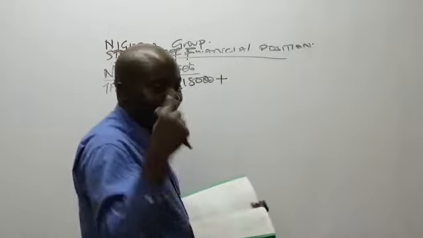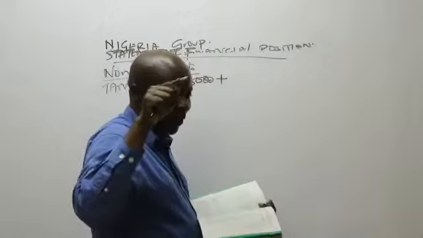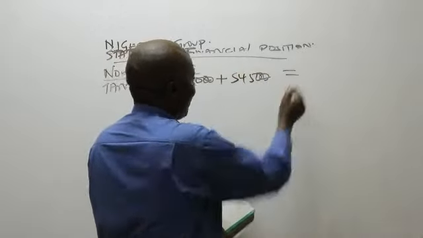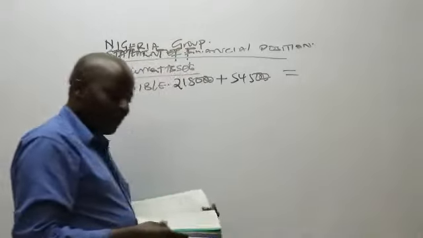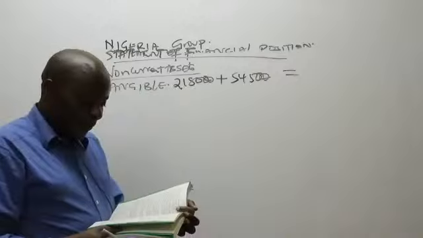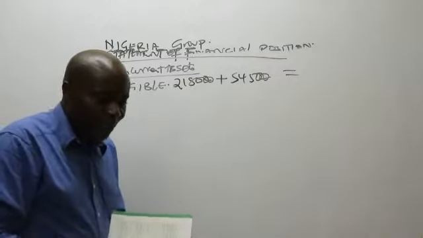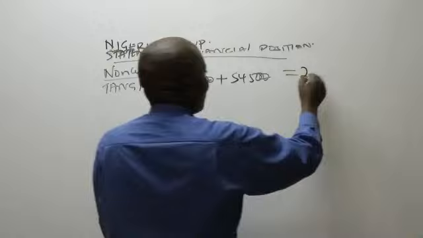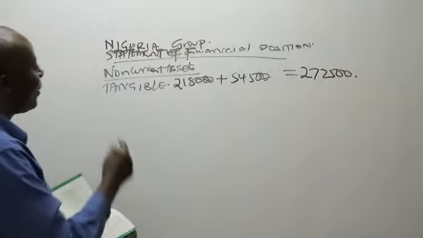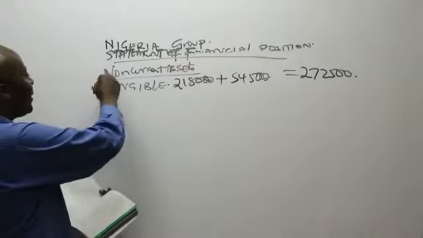And fortunately, we had adjusted the one of the subsidiary for the fair valuation. So plus 54,500. What figure do I get there? It is 272,500.